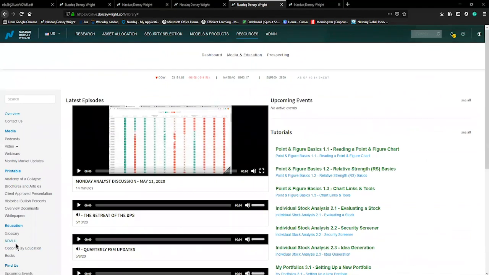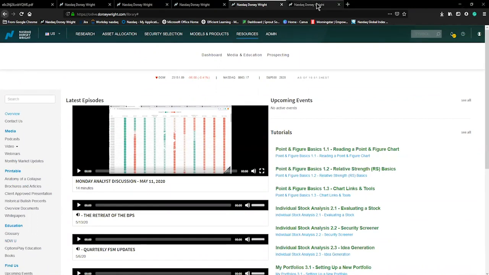And specifically the NDWU links on the left-hand side. That's a really good spot to see tutorials that cover not only group scores, but also FSM related content, which we're going to cover next week, and the team builder tool, which we're going to cover the week after next. So that's a great spot.